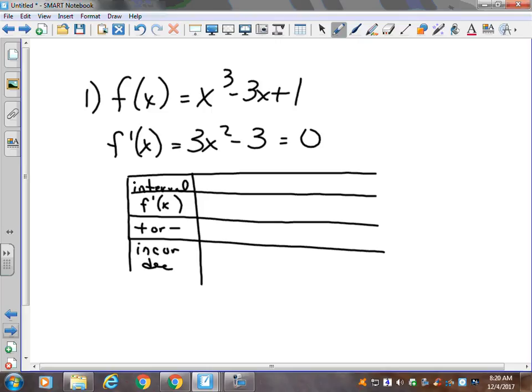All right, you got numbers? You got 2 numbers? Okay, positive, negative 1, everybody agree? All right, so I want you to set your intervals up. So what would this first interval be?